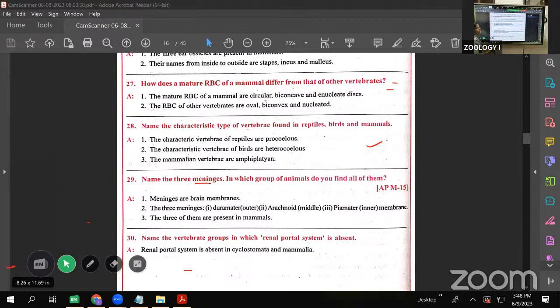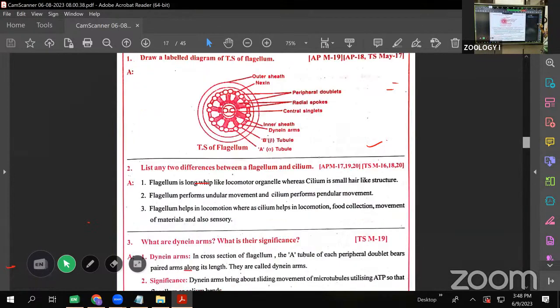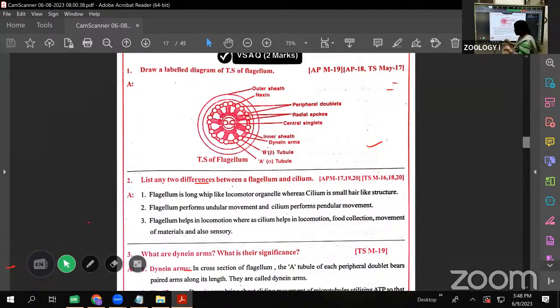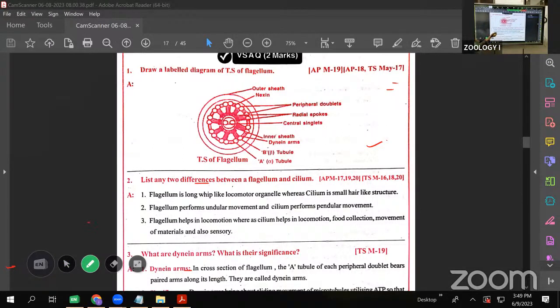Now some VSAQs we discussed from the fifth lesson, locomotion and reproduction. See this one. I already drew this diagram during the SAQs. One more time, I will show how to draw this diagram.